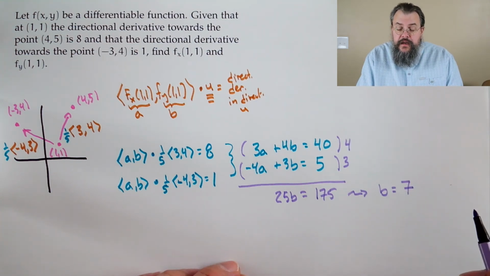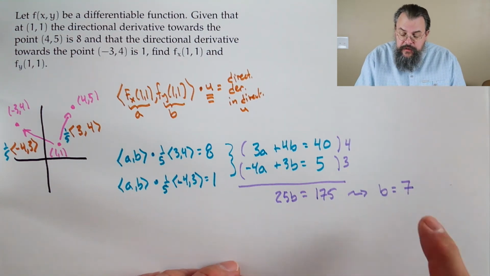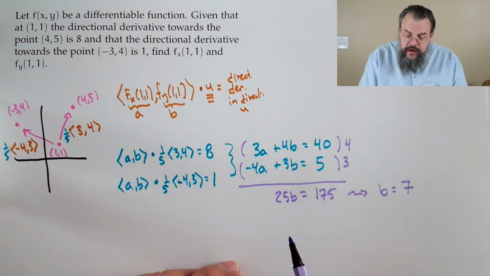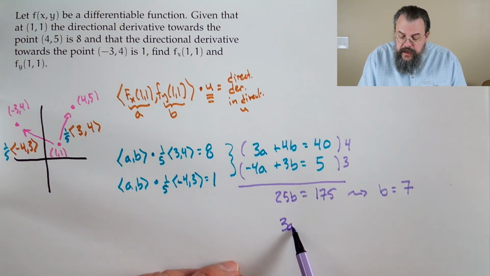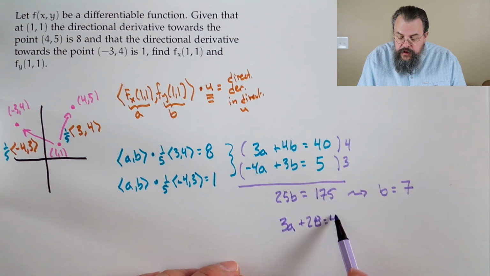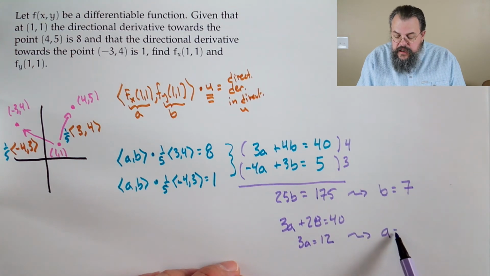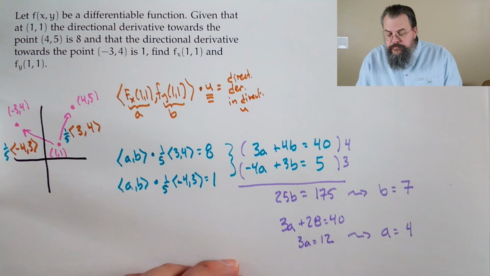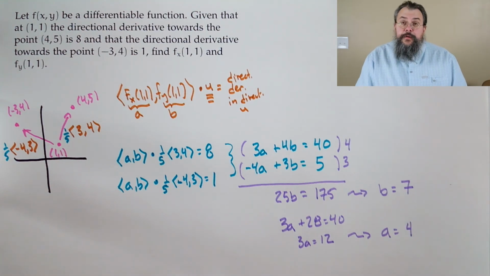Now that you know B, you're basically done, because we can plug it in. So for example, 3A plus 4 times B, which is 28, equals 40, or 3A equals 12. So, aha, A equals 4. So A equals 4 and B equals 7.